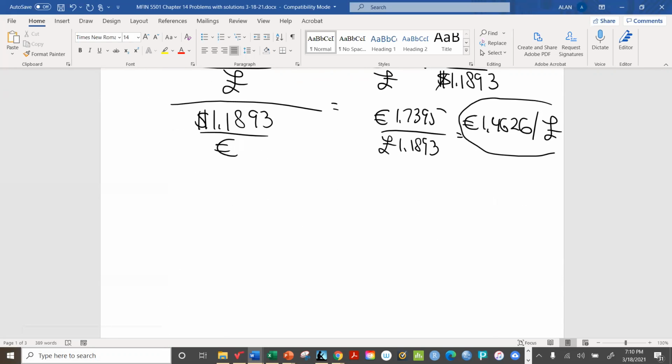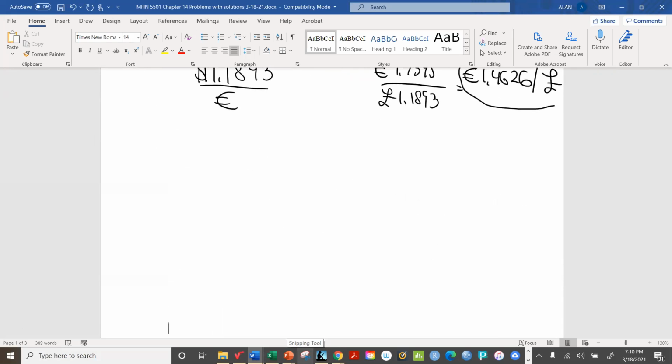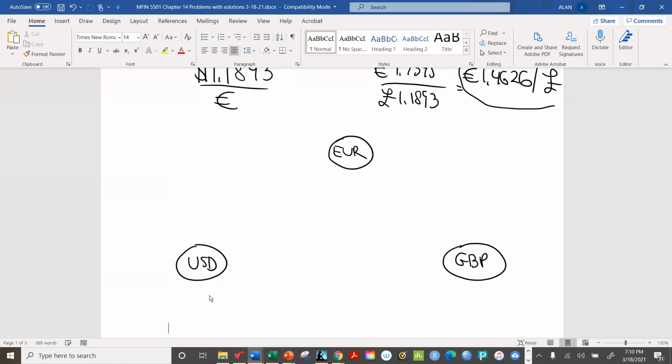In my case, when I drew up these answers, I put dollars in the bottom left-hand corner, and then I put euros in the center, and then I put pounds down here. If you didn't do it this way, the direction in which you go might be different, but the actual transactions will be exactly the same.